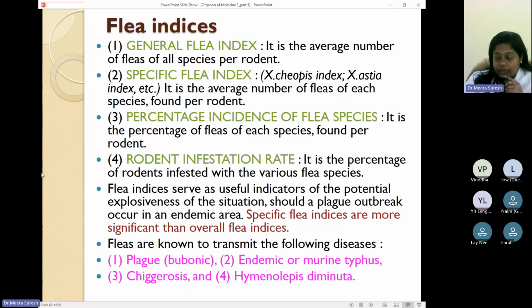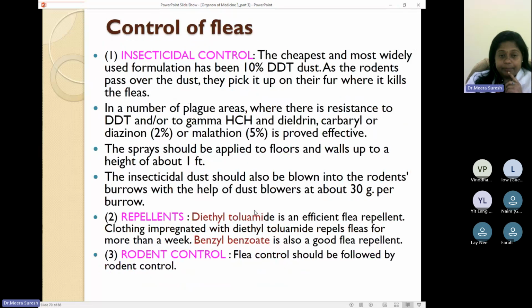But just give importance that in case of rat fleas, there are certain indices and the exponential increase of specific flea index. You don't have to mention what is specific flea index. The exponential increase in case of specific flea index has to be watched with caution as they can cause plague. Remember to write like that.